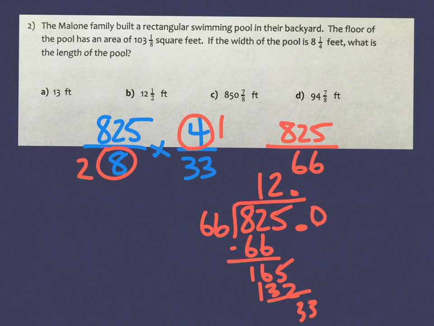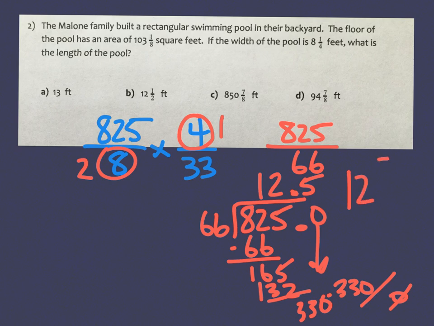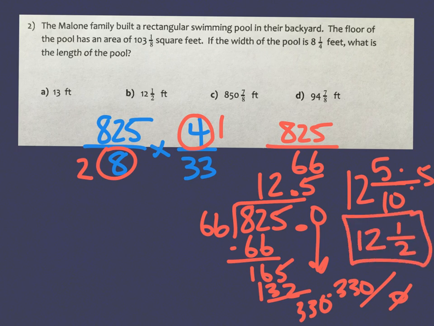Decimal 0, and that's 5. Exactly, 330. 12.5, or 12 5/10. The 5/10 would simplify to 12 1/2, which is answer choice B. Now that's if we decided to go the route of fractions.